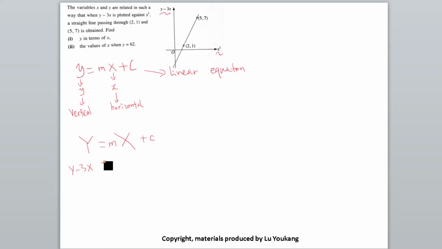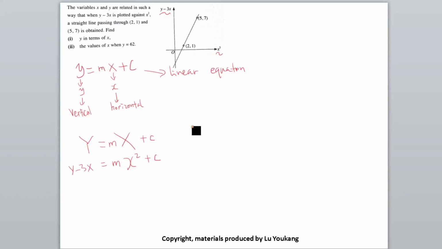So in this case, our horizontal axis is our x squared, and our vertical axis is our y minus 3x. Therefore, if you sub these two into big Y equals m big X plus c, you will get y minus 3x equals m x squared plus c.